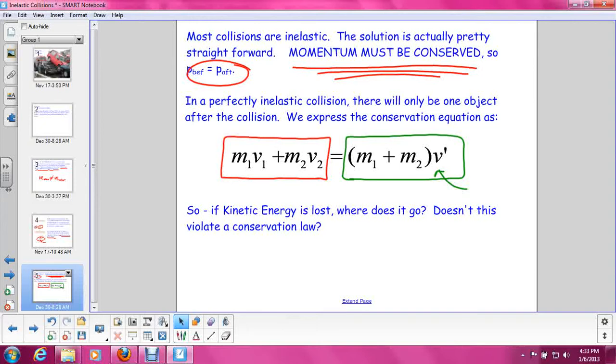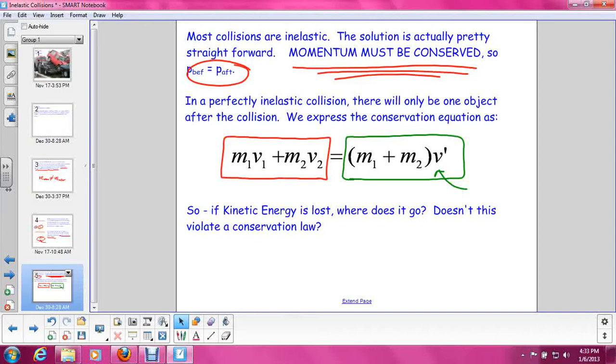And just a little side note, if kinetic energy is lost, where does it go? Doesn't this violate a conservation law? So we have learned quite a few conservation laws in this class. We know the conservation of momentum. From chemistry, you learned conservation of mass. And we also recently learned the conservation of energy, which tells us that the amount of energy in a system always remains the same.